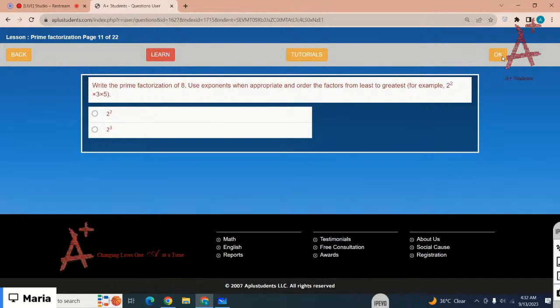Write the prime factors of 8. What are the prime factors of 8? That would be the second option.